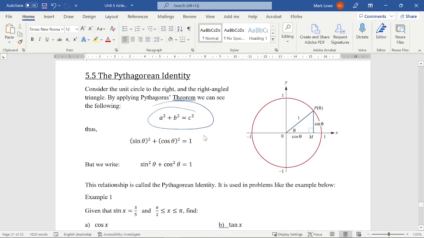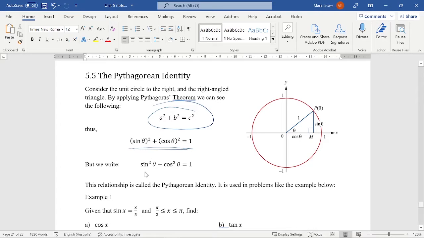This here is called the Pythagorean identity, because it comes from Pythagoras' theorem. But we don't tend to write it with brackets around the whole sine theta and cos theta and put the squared on the outside. It's just written this way, sine squared theta.